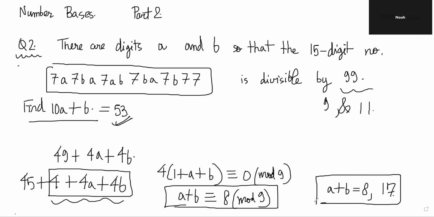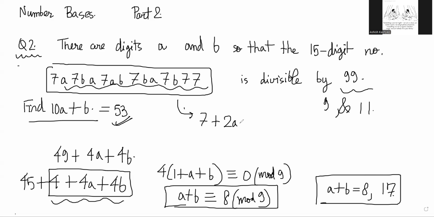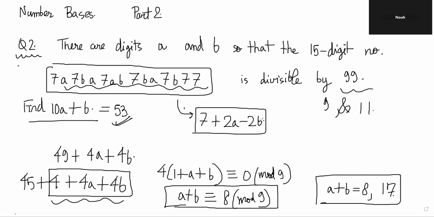Then I just looked at the divisibility by 11. So you add all the odd place digits and subtract all the even place digits. You'll get 7 plus 2a minus 2b, which should be 0 mod 11.